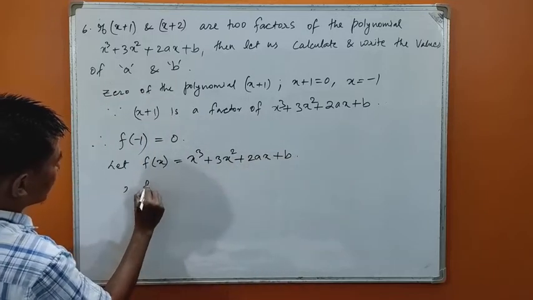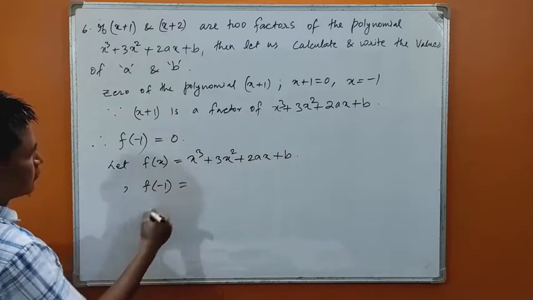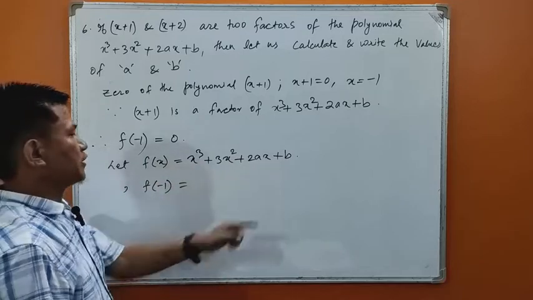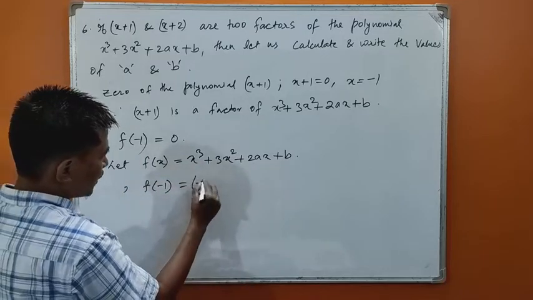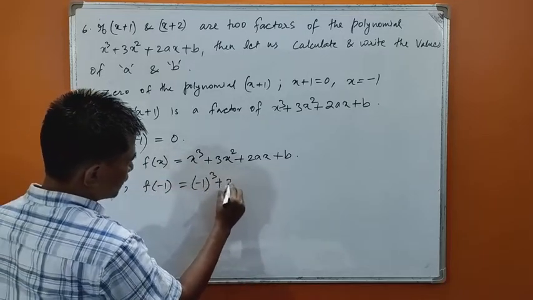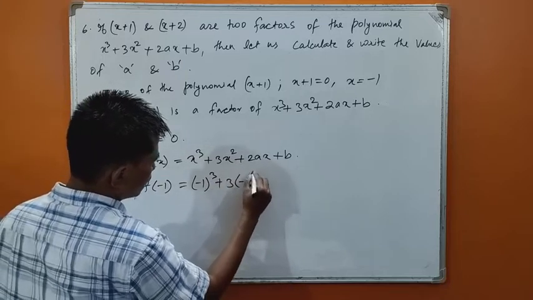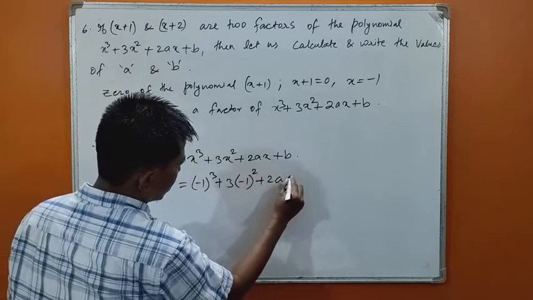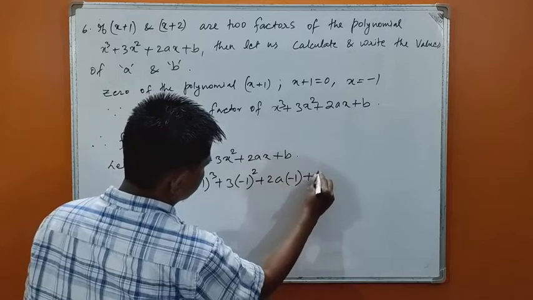Or the remainder f of minus 1 will be equal to, instead of x we write minus 1, isn't it? Minus 1 whole cube plus 3 times minus 1 whole square plus 2a times minus 1 plus b.